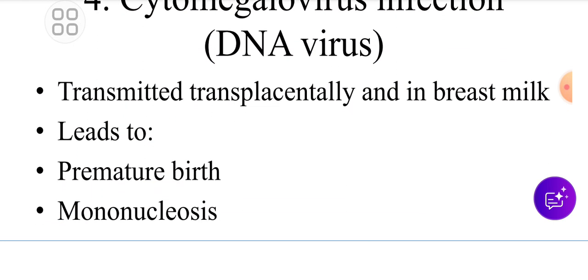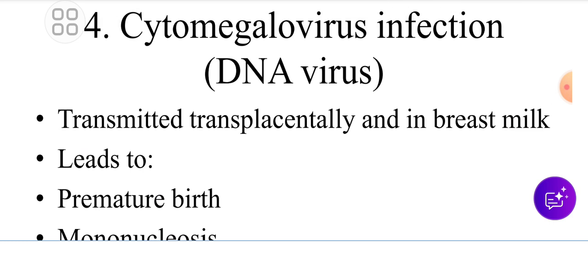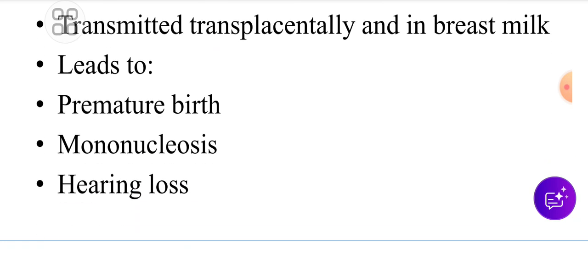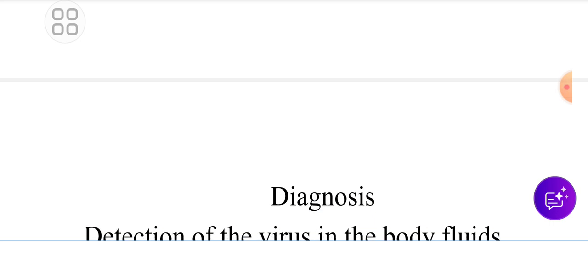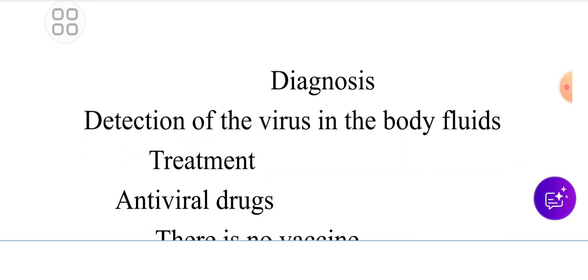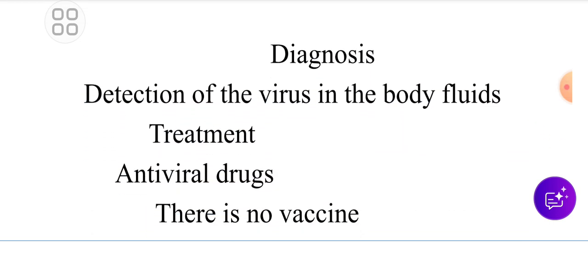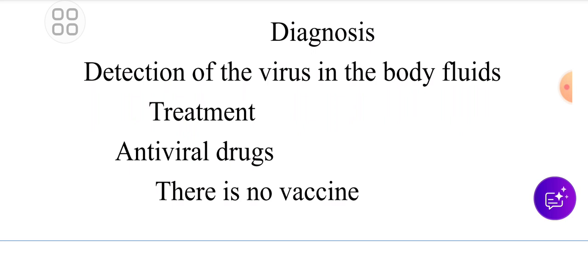Cytomegalovirus infection. This virus is a DNA virus transmitted transplacentally and also in breast milk. The infection leads to premature birth, mononucleosis, and hearing loss. Diagnosis is clinical and by detection of the virus in body fluids. Treatment: antiviral drugs can be used, but unfortunately there is no vaccine.